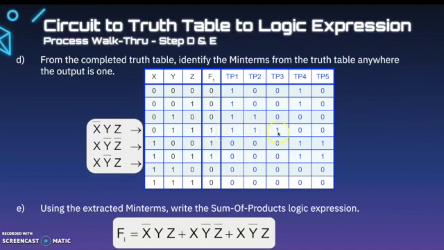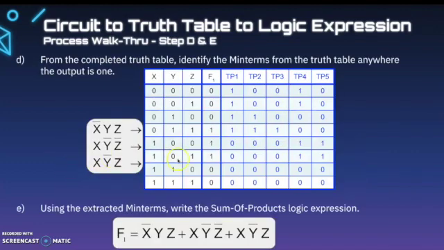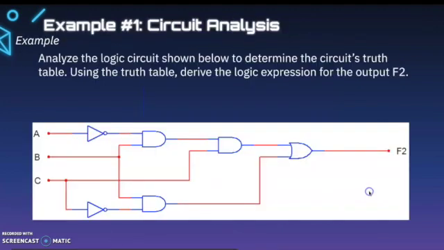We need to know what's happening with those test points, though, because that's critical in figuring out where input X is, where input Y is, and where input Z is. Because if you look back, this is labeled over here, but you're not going to have that necessarily. So we need to make sure that we are still identifying our test points so we know what's happening. Then once we have the extracted minterms, we're going to write the sum of products logic expression.